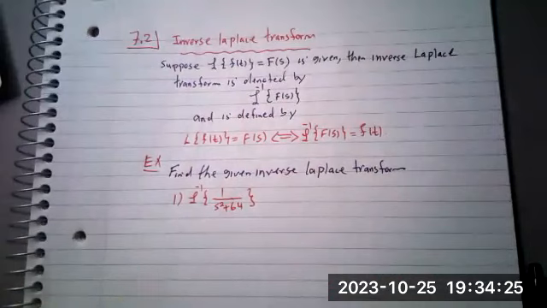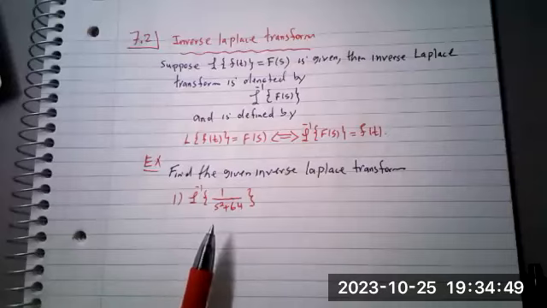The bottom one is the sum of 2 perfect squares. On the top is a constant. If on the top is a constant, this must be sine. If the top is s, this must be cosine. Easy to find. The top is a constant, so it must be a over s squared plus a squared.